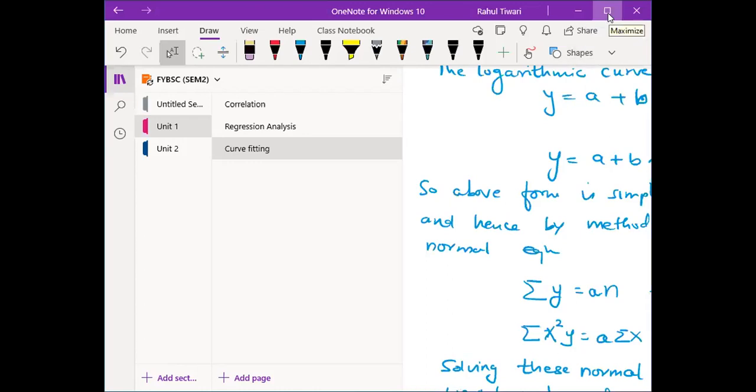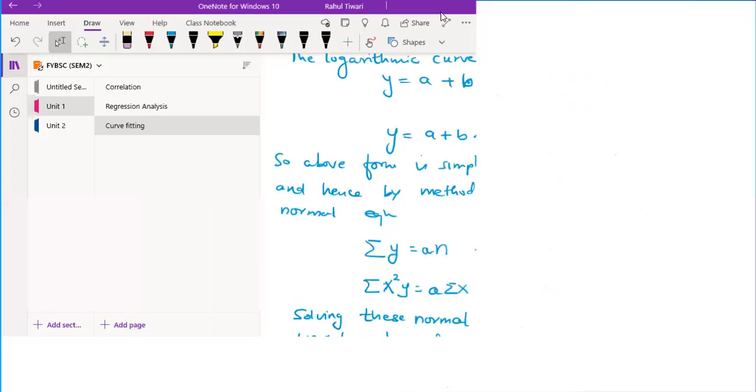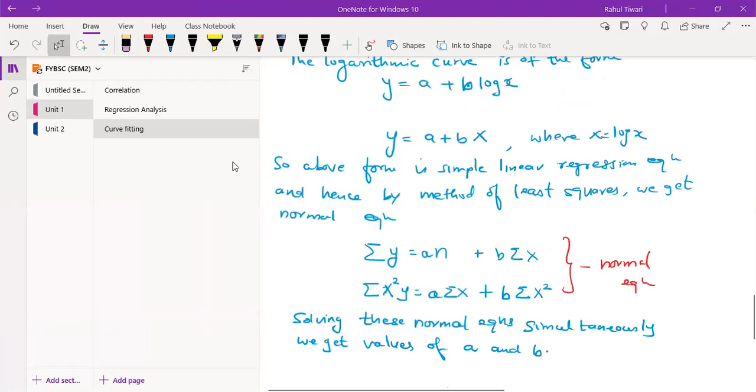Okay, so we can now take problems based on that. I'll take a few problems from the practical only, so that we can verify using that. There are several models, but we have taken all the standard ones.